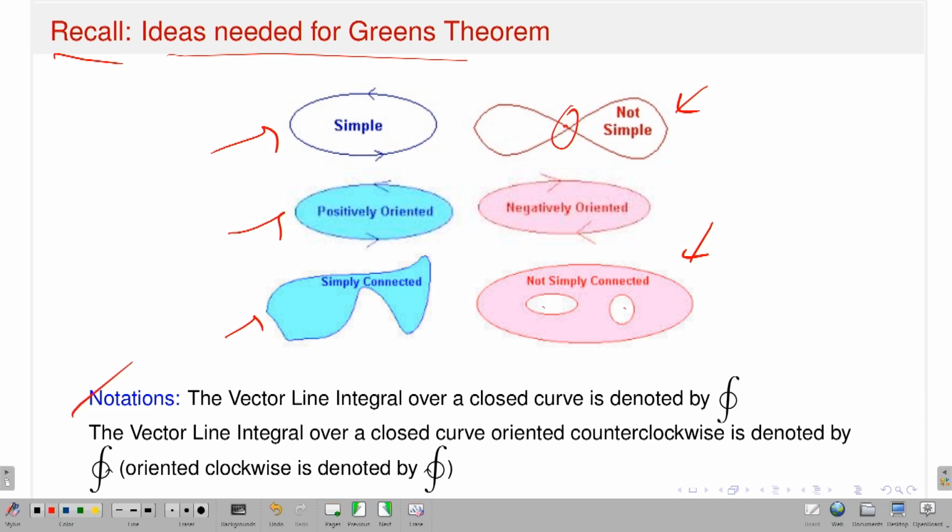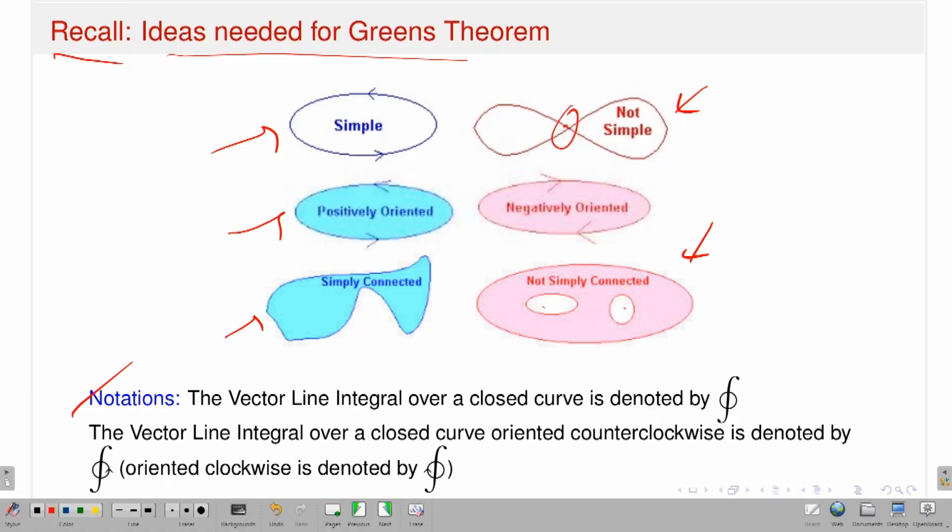I need some notations to talk about the statement of Green's theorem. A few lectures before, I talked about two concepts: the line integral for scalar valued functions, and later the line integral for vector valued functions.